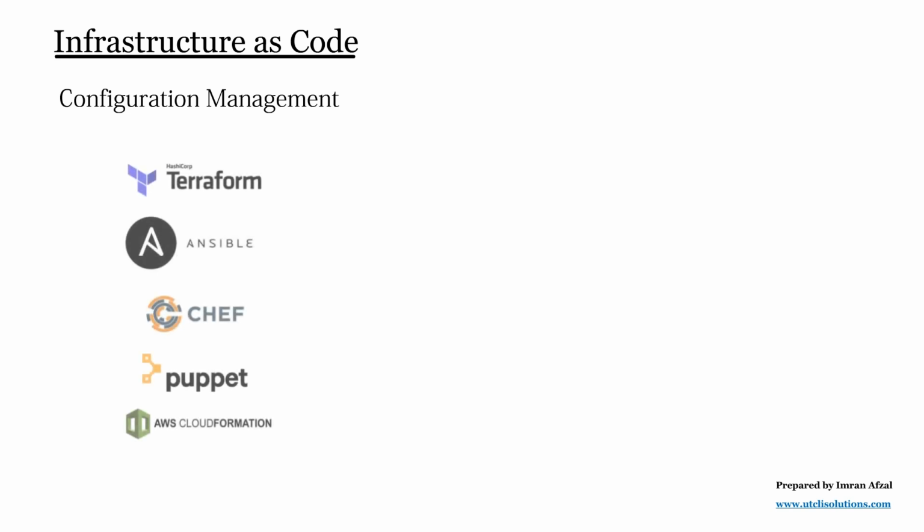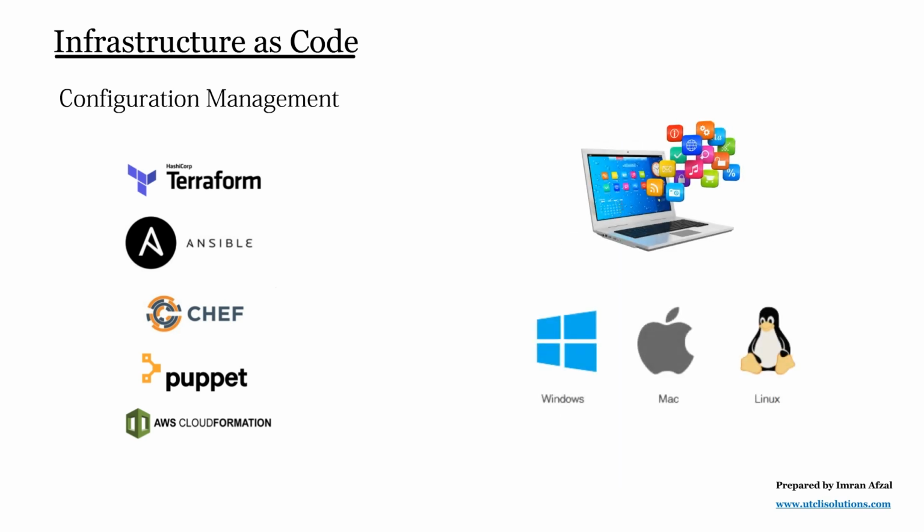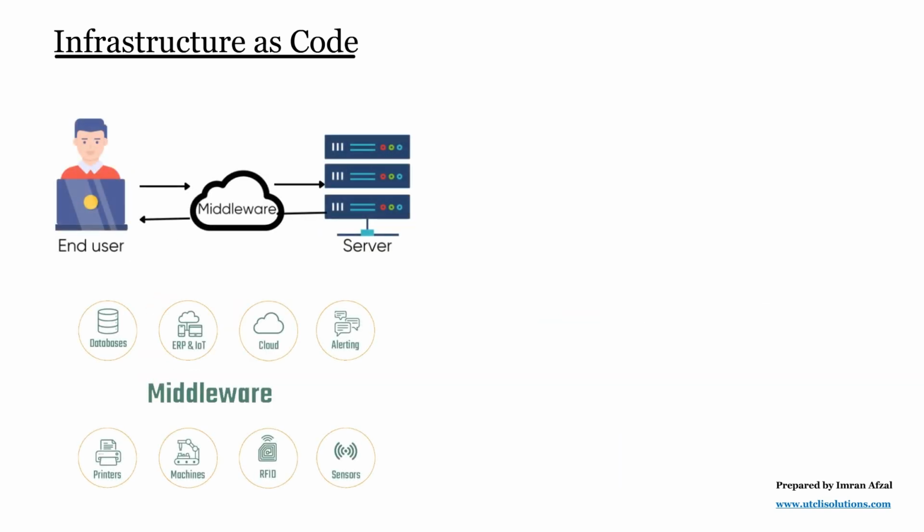Configuration management tools primarily focus on installing and managing software, such as applications, system software, or middleware on existing servers. They ensure that the software is correctly configured, running as expected, and that the correct versions are used.